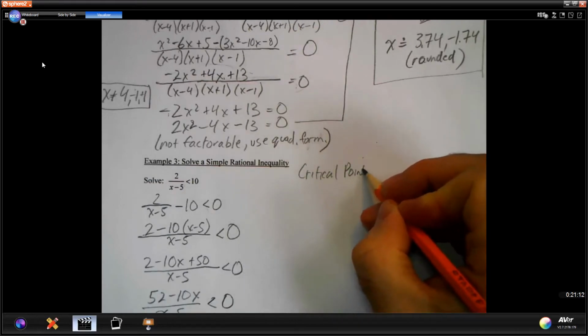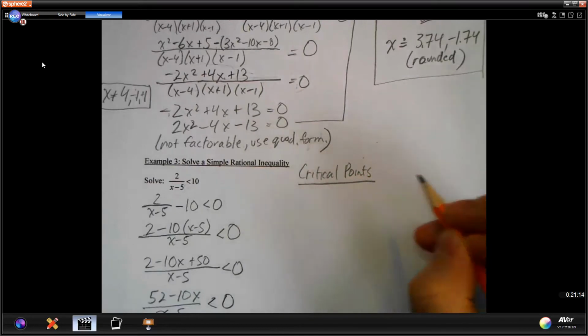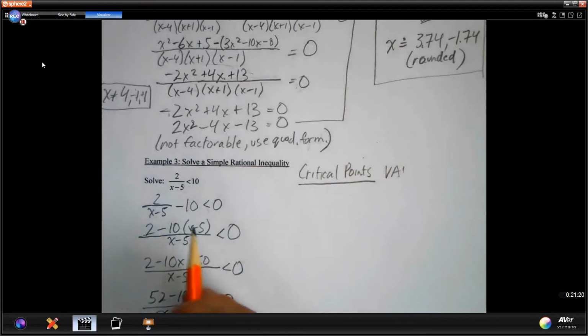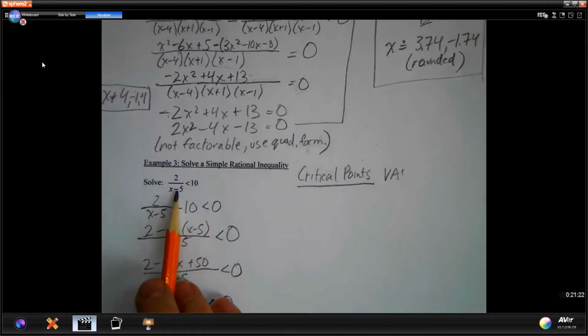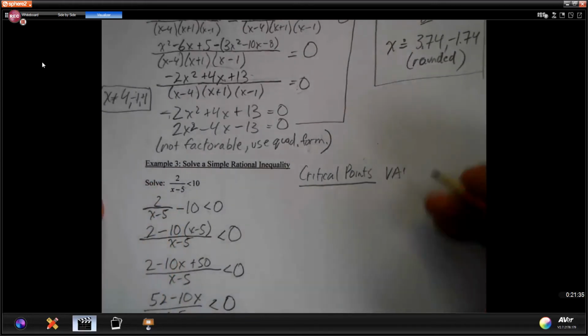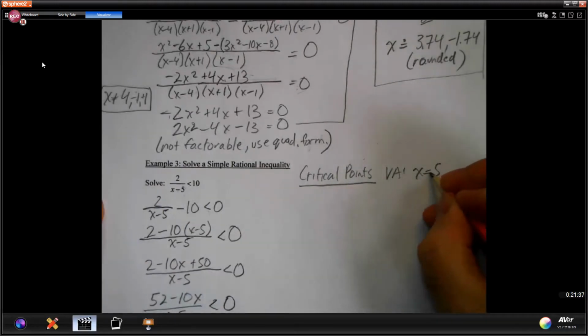So the critical points are basically two types of points: vertical asymptotes. I find the vertical asymptotes by finding where the denominator is equal to 0. So at x equals 5, I'm going to have a vertical asymptote.